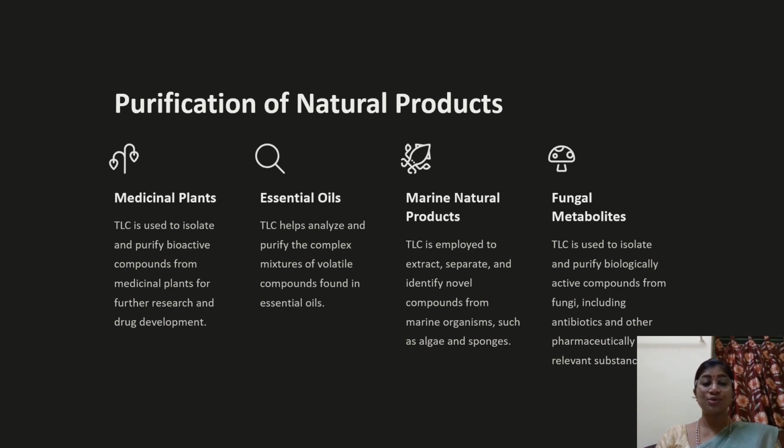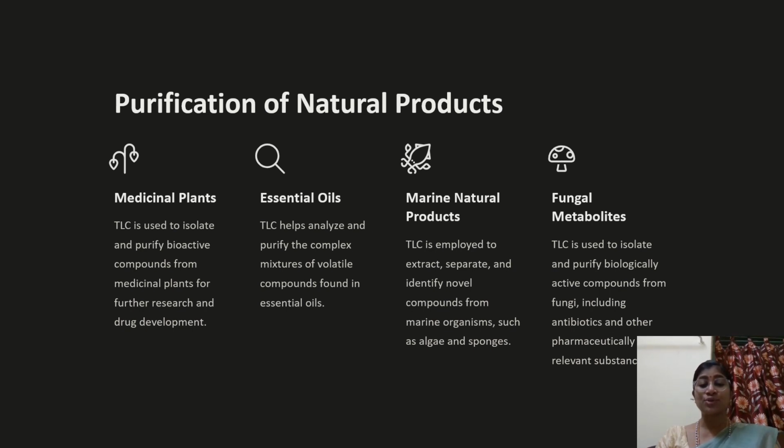Then it is also used for purification of natural products. TLC is used to isolate and purify bioactive compounds from medicinal plants for further research and drug development. TLC helps analyze and purify the complex mixtures of volatile compounds found in essential oils.